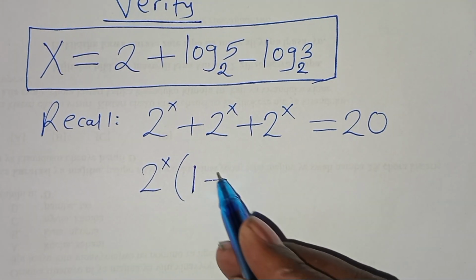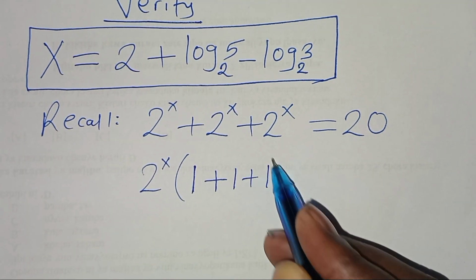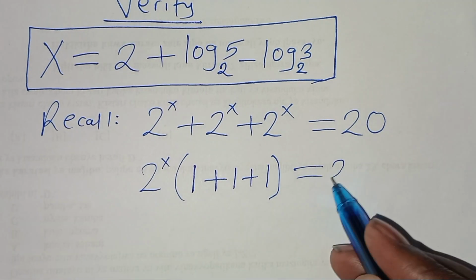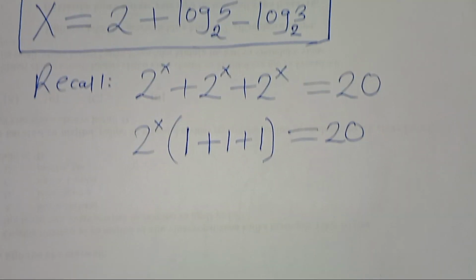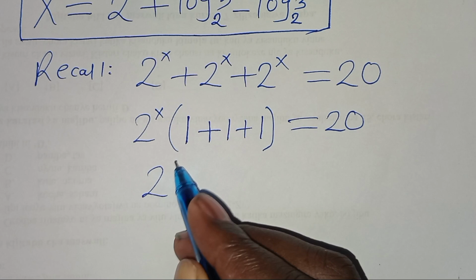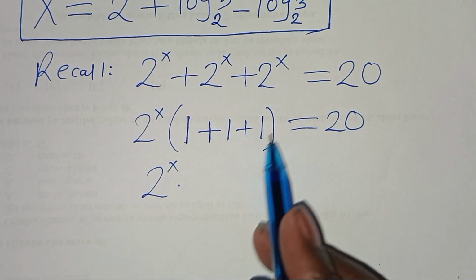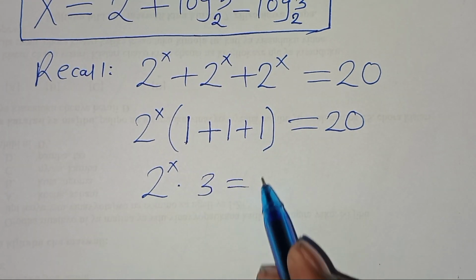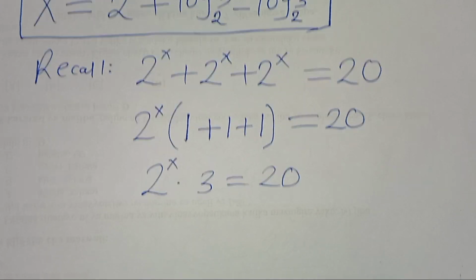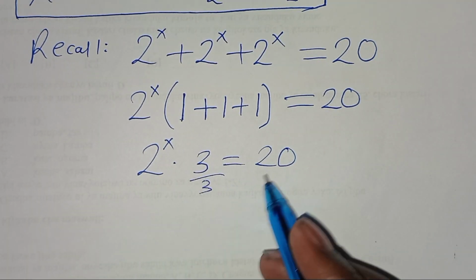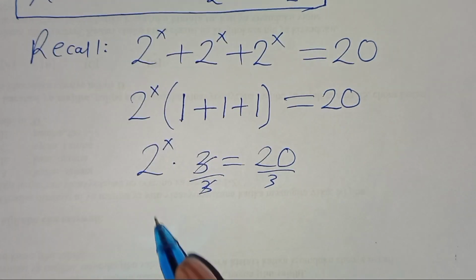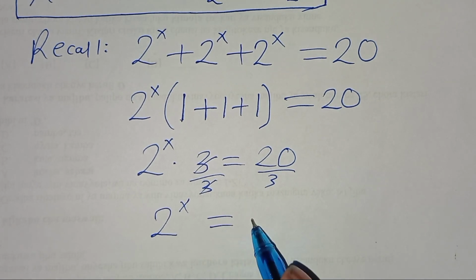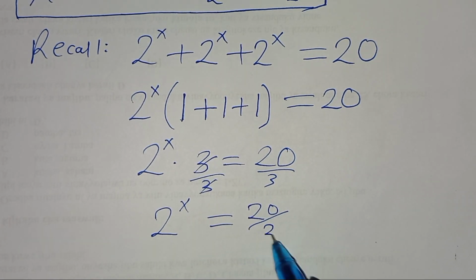Then we'll have 1 plus 1 plus 1 here, which we express as 2 to the power x multiplied by 1 plus 1 plus 1. This is 3, and this is equal to 20. So dividing both sides by 3 here, 2 to the power x is equal to 20 divided by 3.